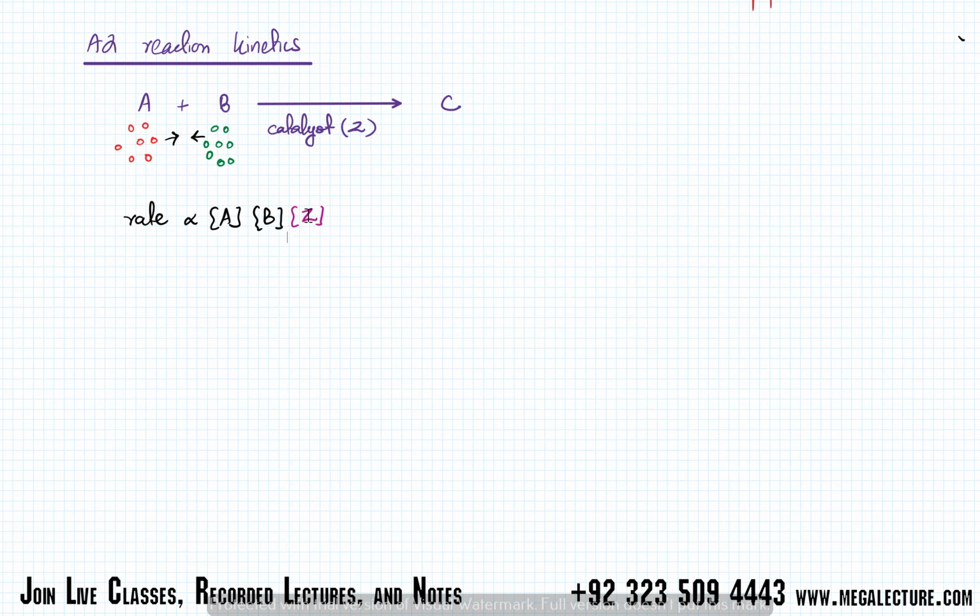If you have a very large concentration of catalyst added, maybe the reaction speeds up. ठीक है? So your rate of reaction depends on the concentration of A and the concentration of B, and it also depends on the concentration of the catalyst.